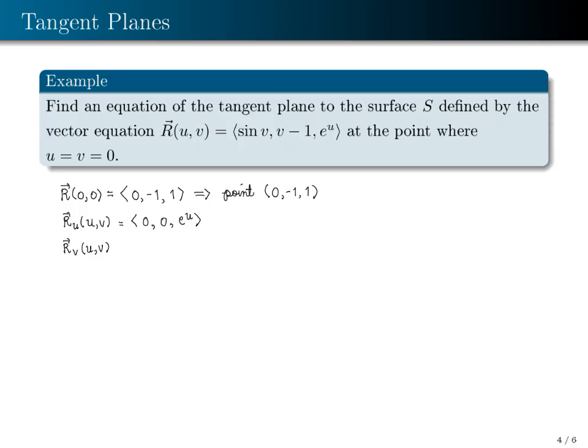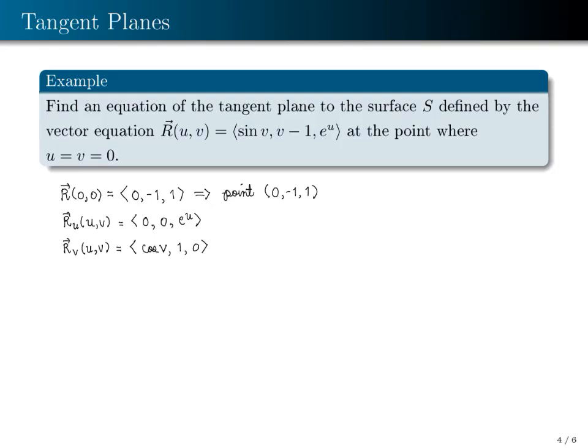Similarly, r_v(u, v) has components cosine of v, 1, and 0. Don't be too eager to take the cross product just yet. Note that if we take the cross product of r_u(u, v) and r_v(u, v), we will get an expression involving u and v.